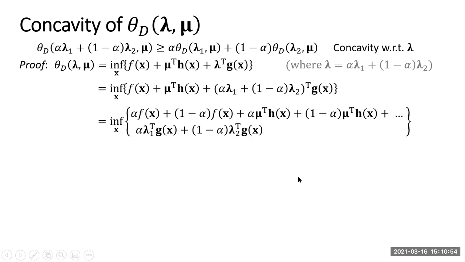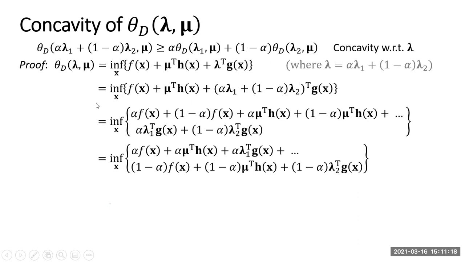Yes. So now what I'll do is I will club all the terms containing alpha together, this term, and this term, and I'll club all the terms containing 1 minus alpha together, second, fourth, and sixth terms.